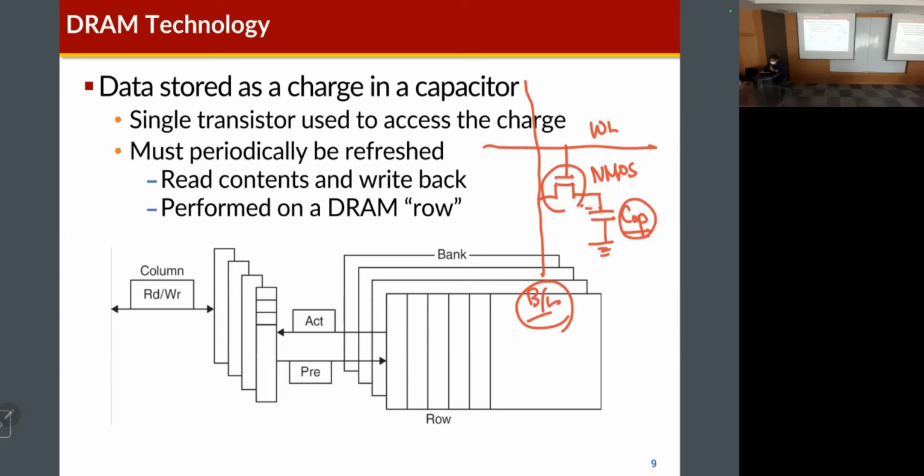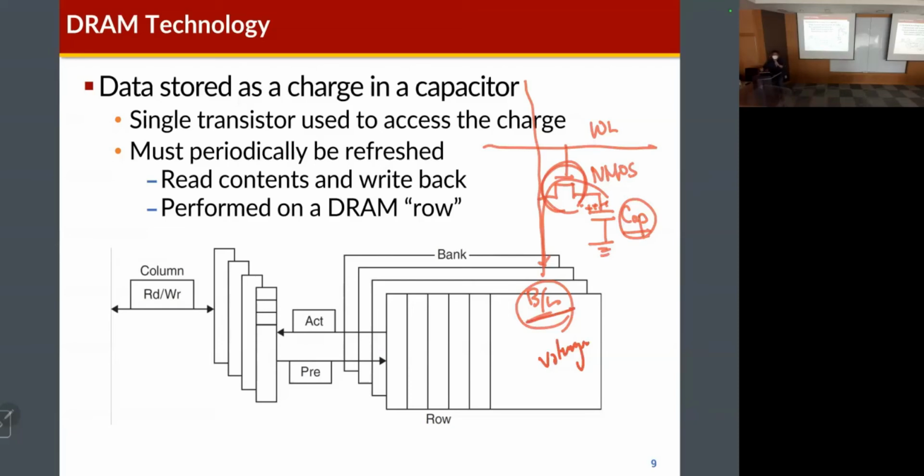Charges are stored in this capacitor, and if the word line is turned on, which means that the NMOS transistor is turned on, then the charges in the capacitor move to the bit line. So we can read a different voltage level because the charges are moved to the bit line. That's how the DRAM works in the computer system.